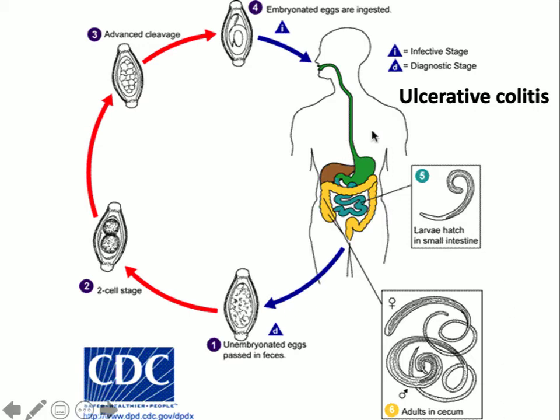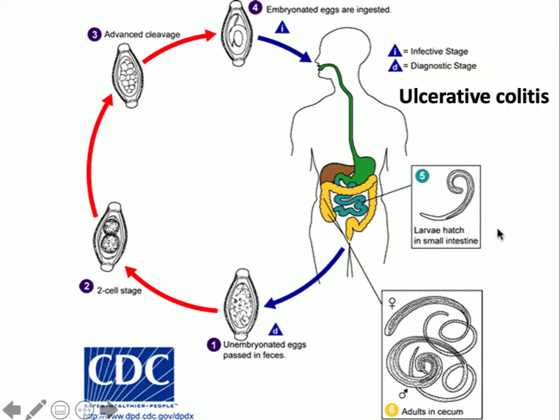They will mate. The eggs will become fertilized. The females will oviposit about 60 to 70 days after infection. Excuse me. And they lay about 3 to 20,000 eggs per day. That is horrible. Those eggs will be passed in the stool. Fecal oral contamination will result. We will ingest the egg, and the whole cycle repeats.